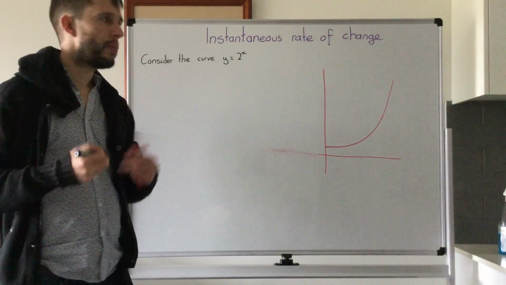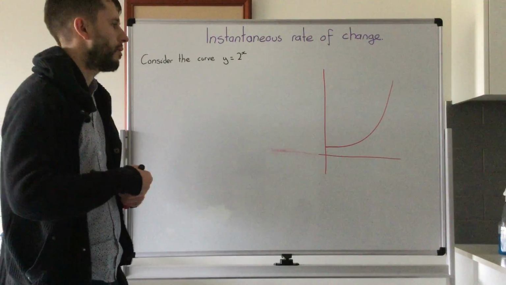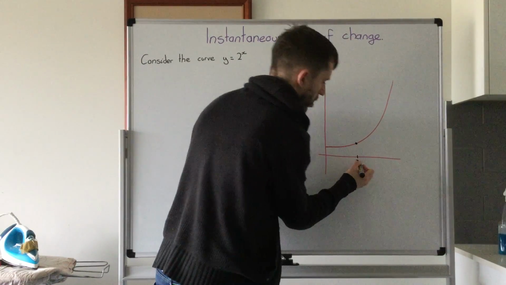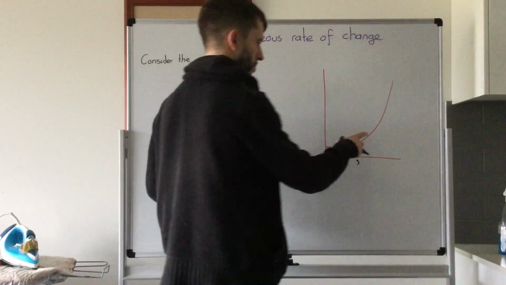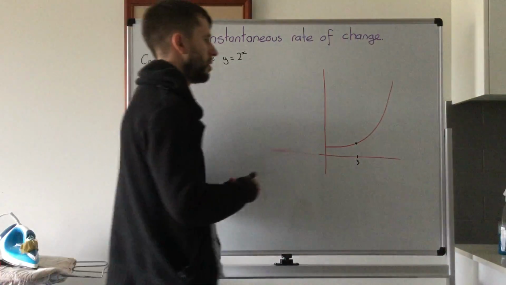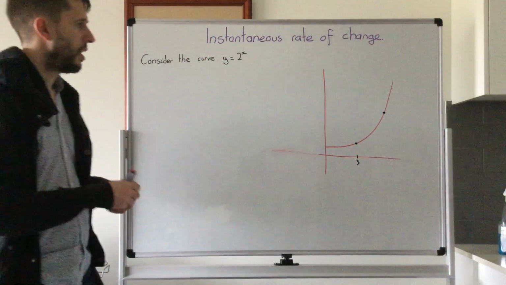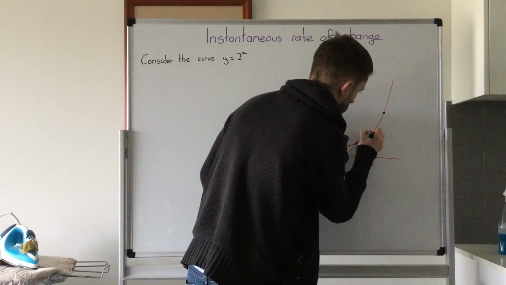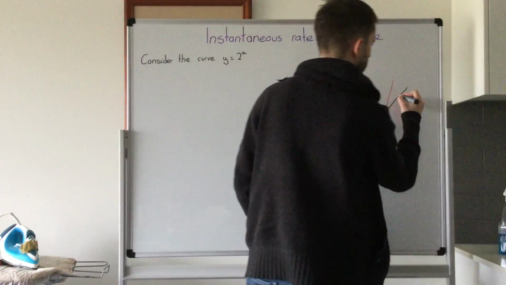Now, what we've been doing is trying to find the average rate of growth. If I want to find the average rate of growth for 3, I'll have 2 points next to it on either side to find that. So if I pick a point over here, I am then going to draw a line between those 2 points. So this line here is called the secant line.